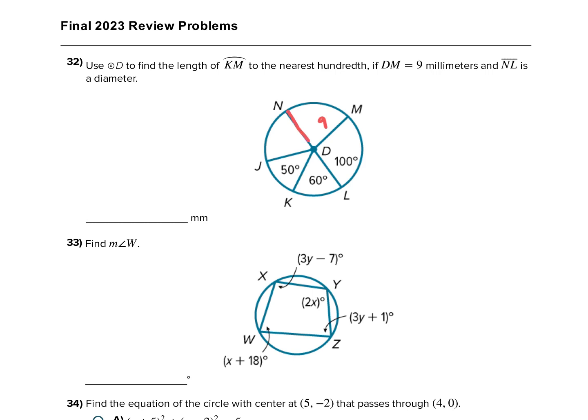That is important. Okay, so find the length of arc KM. I don't like this question because I don't know if we're talking about K to M this way or if we're referring to K to M this way.